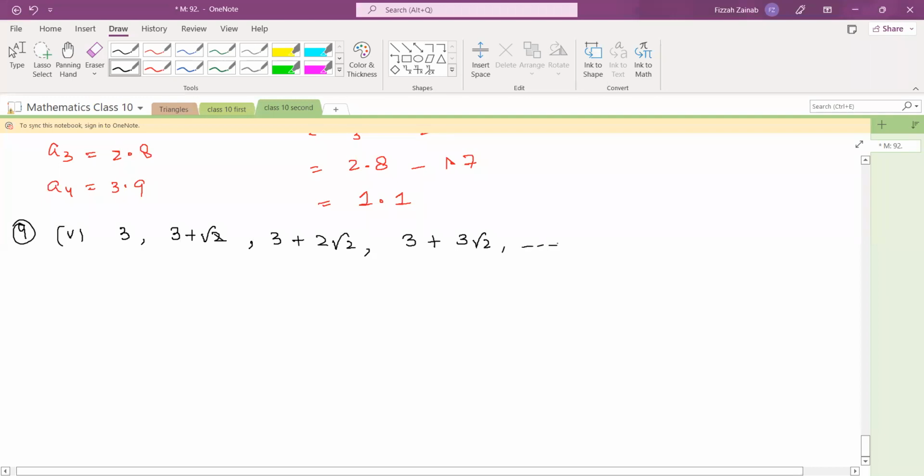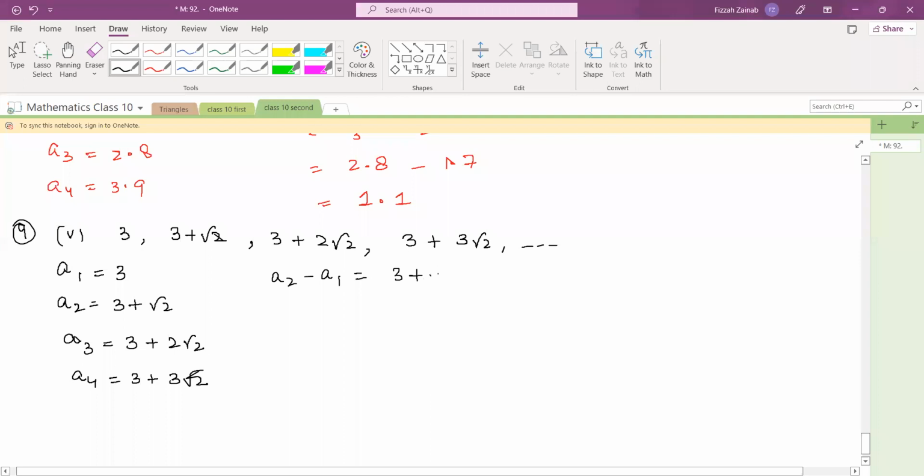So to check whether it is an AP or not, A1 is 3, A2 is 3 plus under root 2, and A3 is 3 plus 2 under root 2. A4 is 3 plus 3 under root 2. Now you check A2 minus A1. So 3 plus under root 2 minus 3.